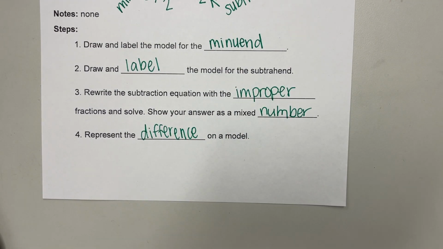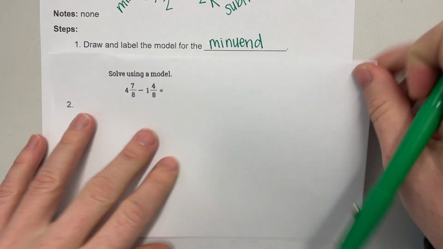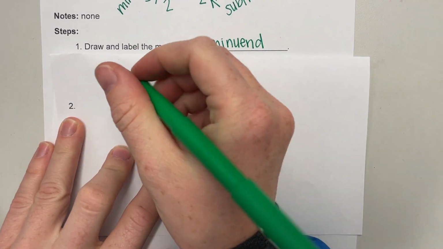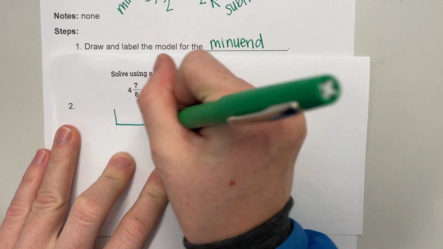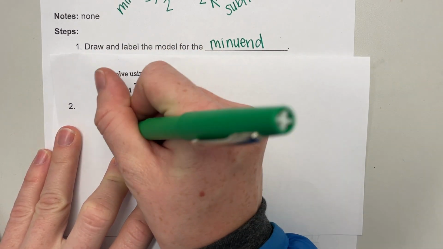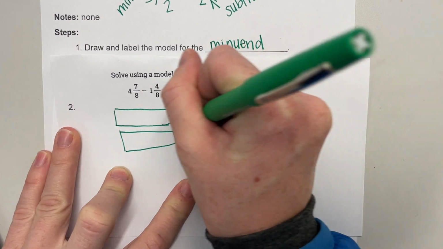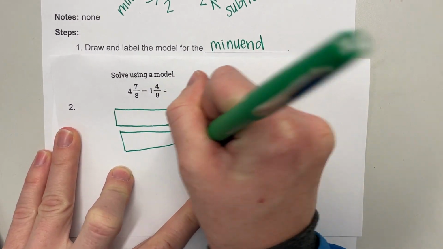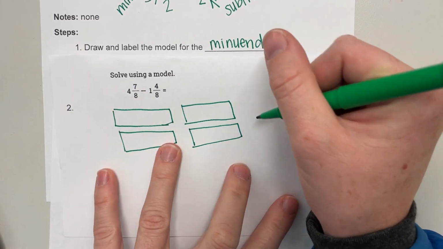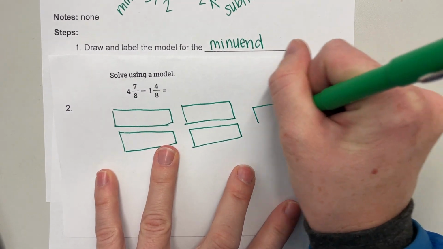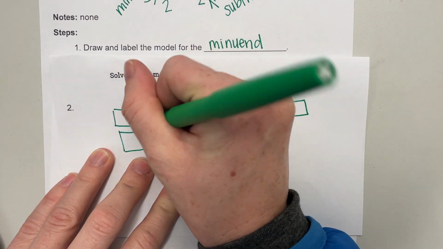This one is solved using a model. So first step, draw and label the minuend. So I'm going to draw 1, 2, 3, 4, and I need one more because of the fraction. I'm going to split it up into 8ths.